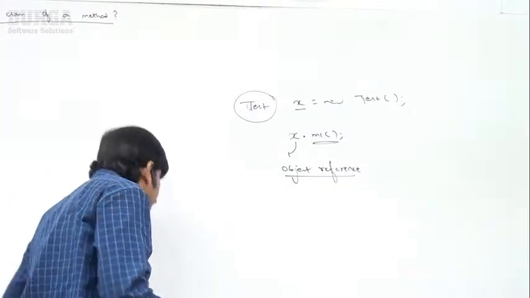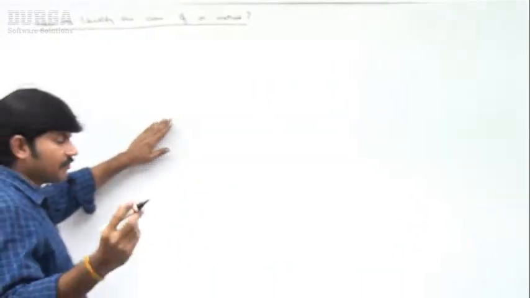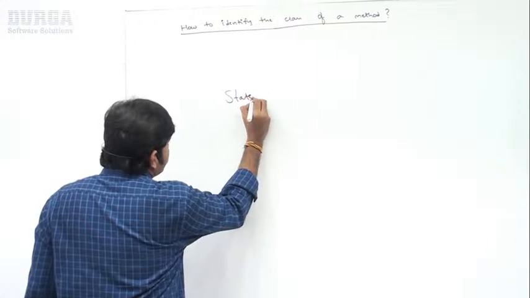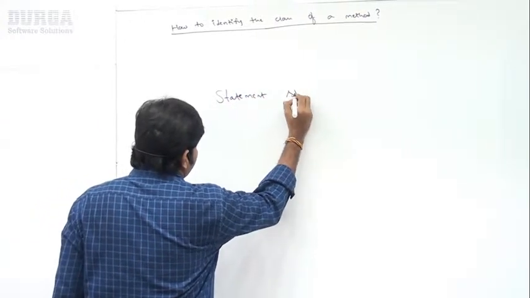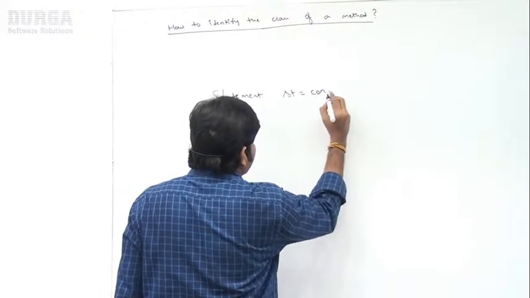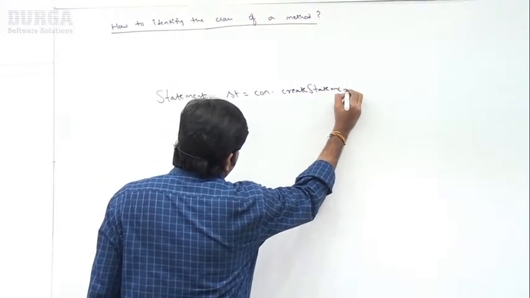In our JDBC, several times I have used these instance methods. Observe that: Statement st = con.createStatement.